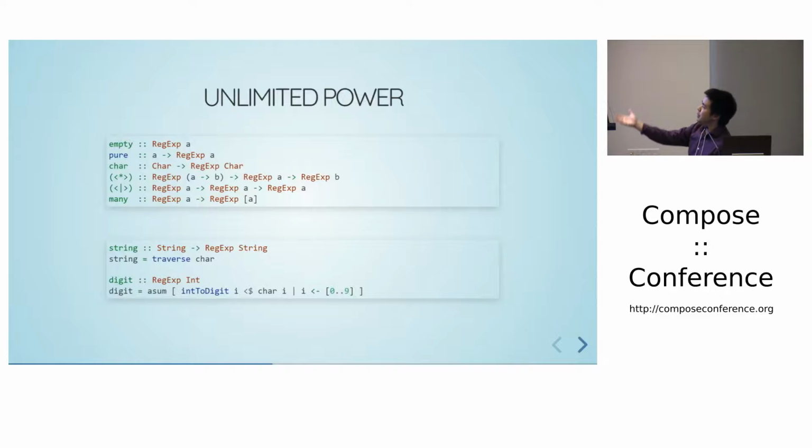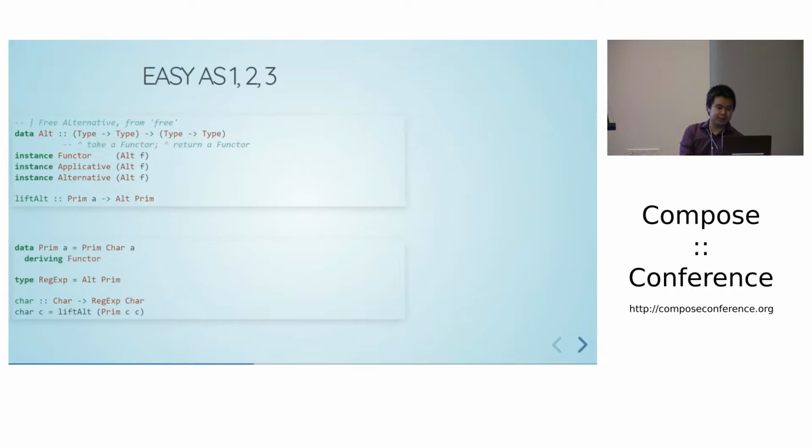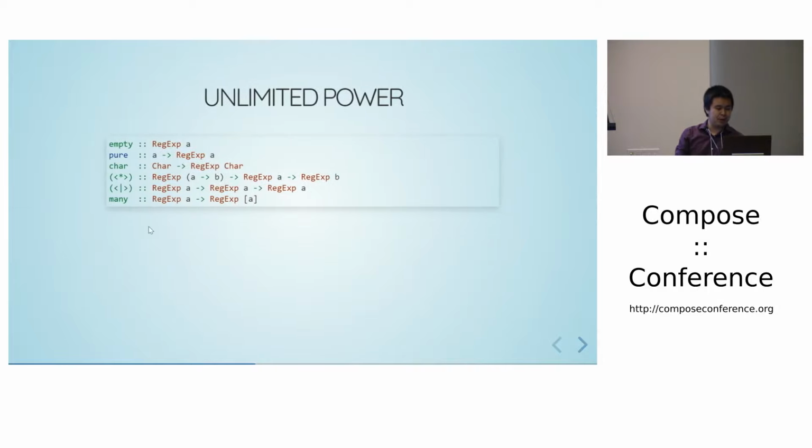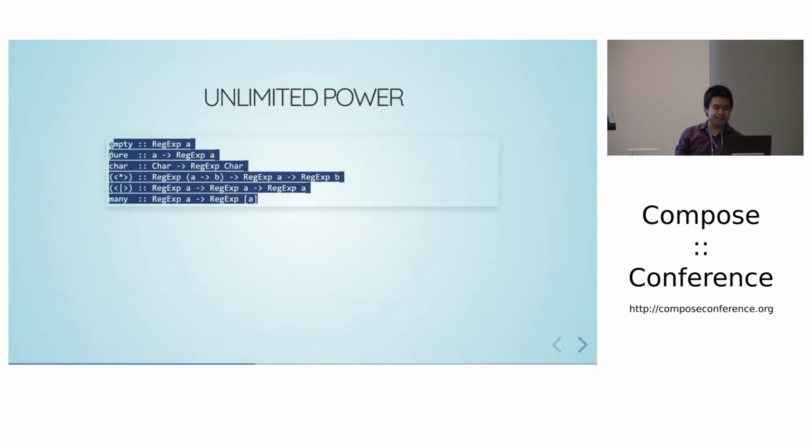All that comes directly from using Regex, from using Alt. Remember, Regex is defined as Alt Prim. So by putting Prim into Alt, we get basically all the instances for Prim for free. So we can now sequence Prim, we can now fmap Prim, we can now alternate Prim, we can now get an empty Prim, we can now have a many operation for Prim. So all these functions that come from our type classes we get for free.